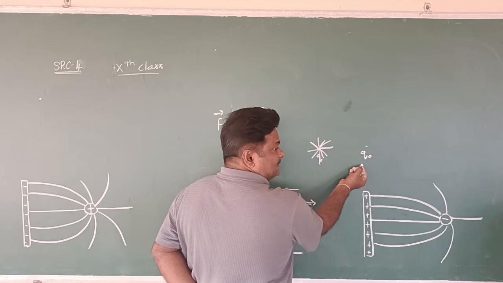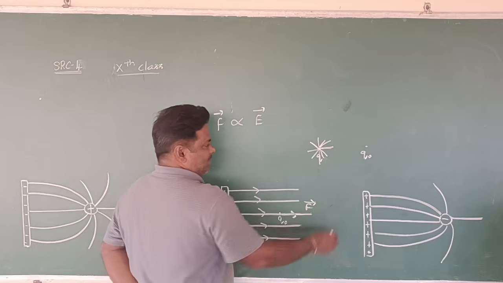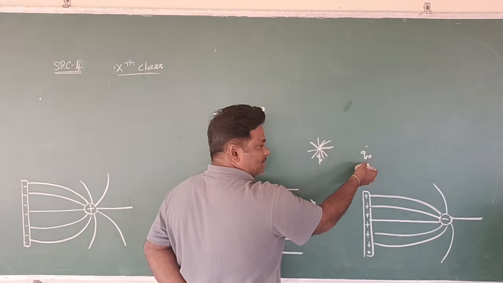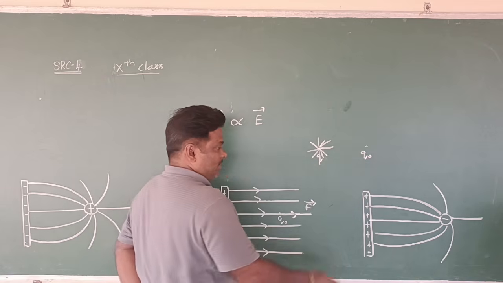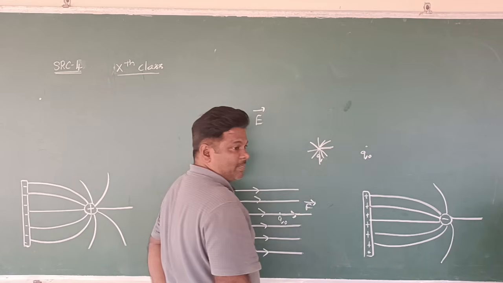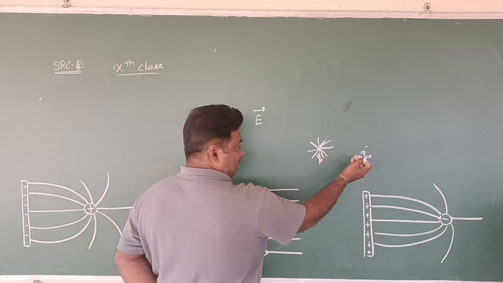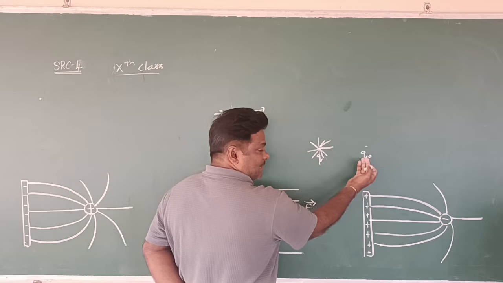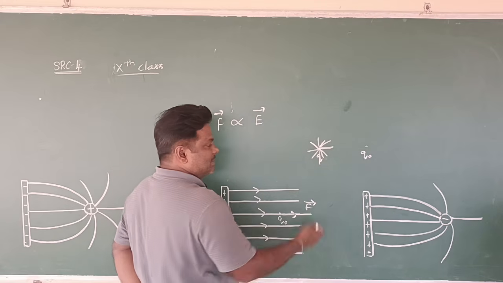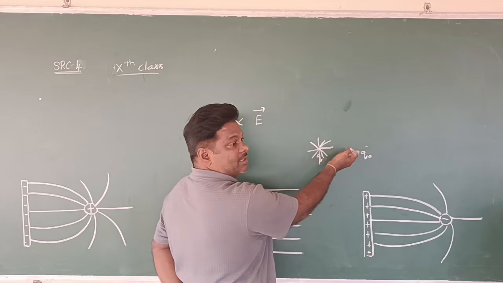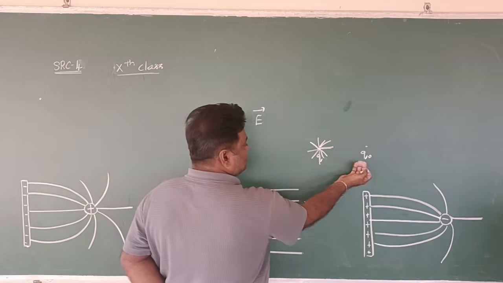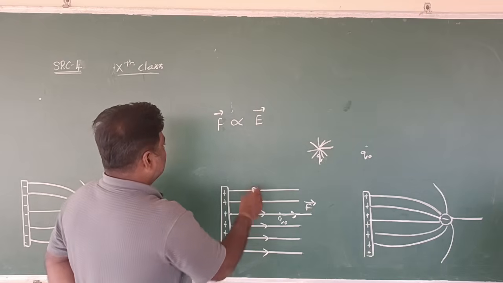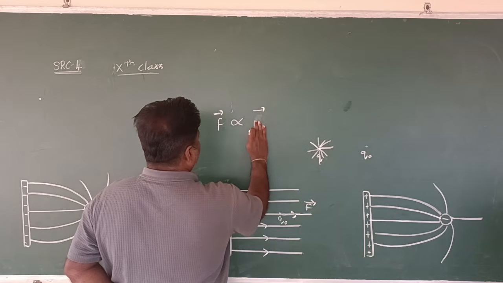This Q0 will experience a force, and if Q0 size is increased, I mean here one electron is present, it will experience a force. One proton is present, it will experience a force. If two protons are present, it will experience more force. If 10 protons are present, it will experience even more force. So if Q0 is increased, the force experienced by Q0 also increases. Sorry, I will change this now.